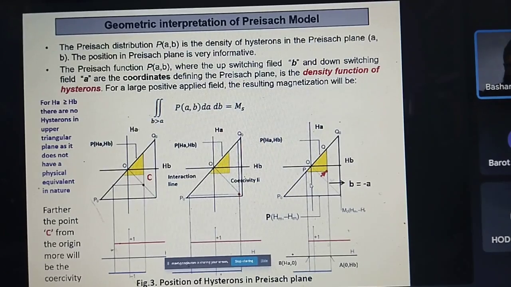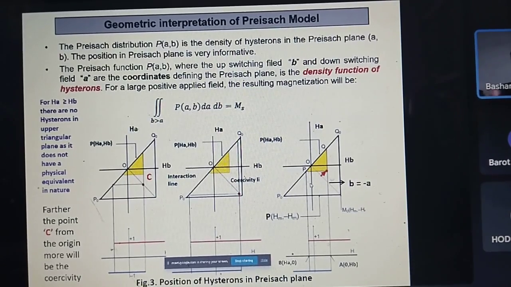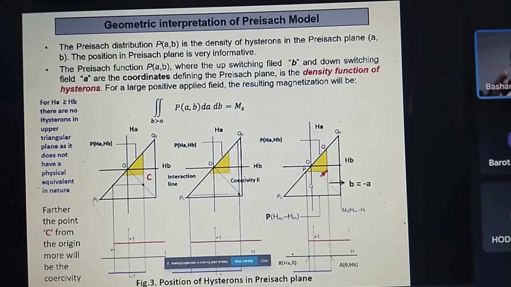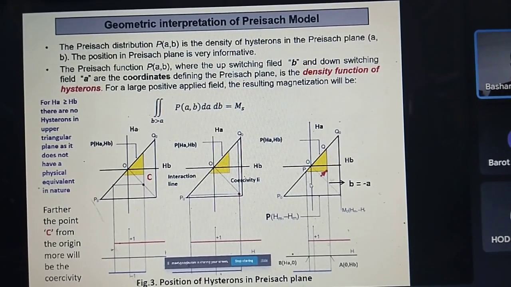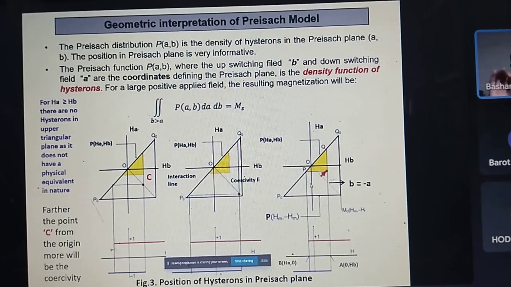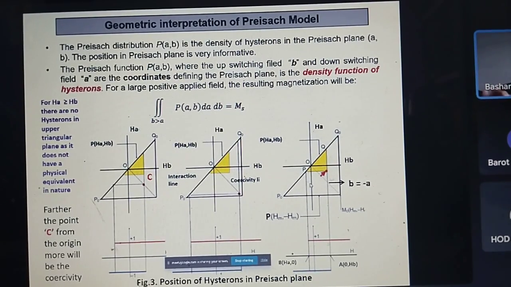Then once we understand that our system is made up of these small hysterons, we have a collection of them, and those hysterons can all have the same coercivity, so all of them will switch at one field, or they can have a distribution of coercivities.